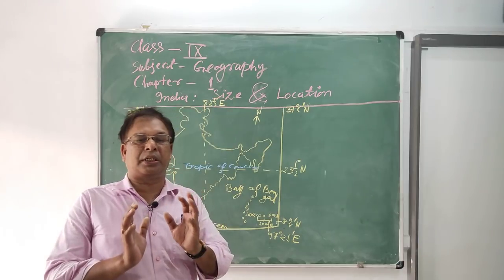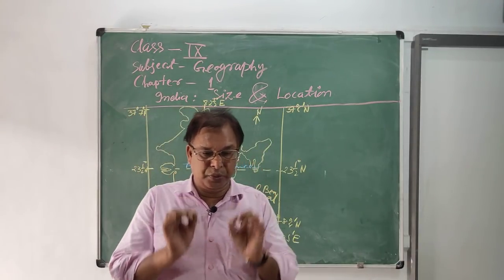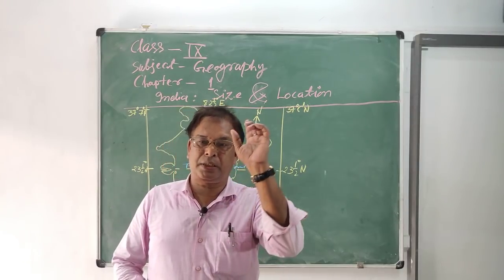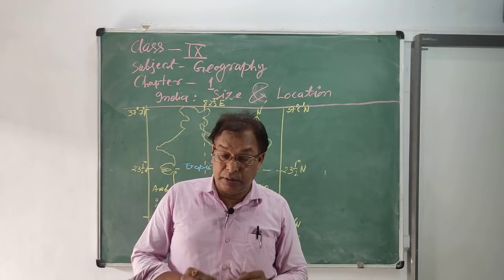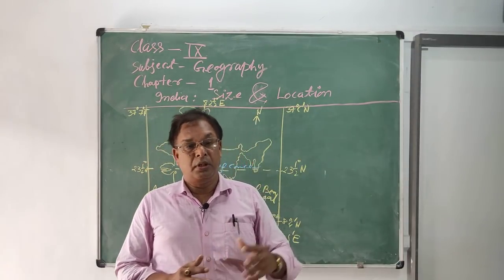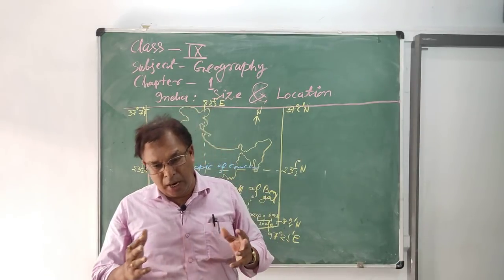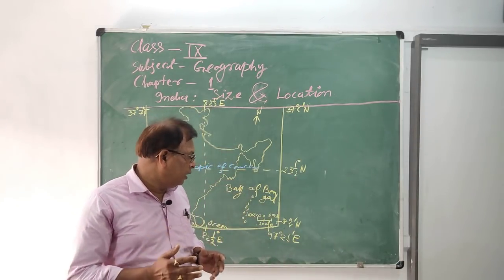This is the location of India, but India is mainly situated in the central part of the world, connected with sea routes, land routes, air routes, and water bodies as water routes.